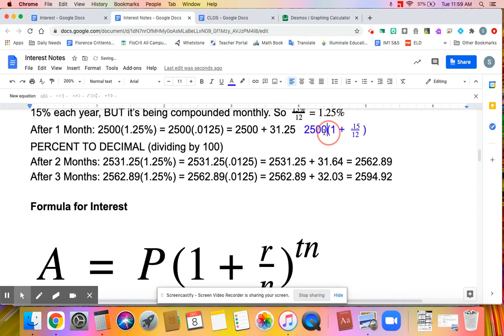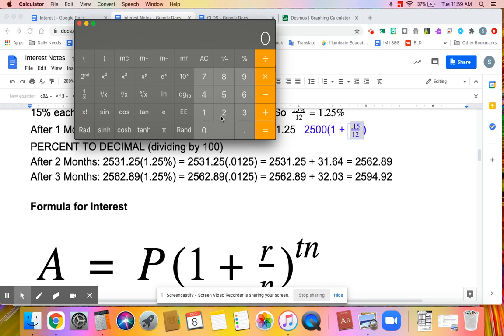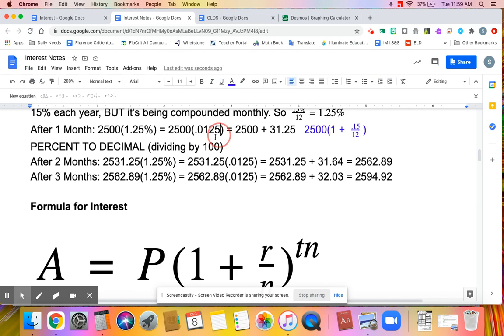Because then when I multiply that 2,500 into the 1, I get this 2,500. And then when I multiply it into this guy here, this is secretly 0.15 divided by 12, which is just that 0.0125 that was our interest rate that we were multiplying by each time.